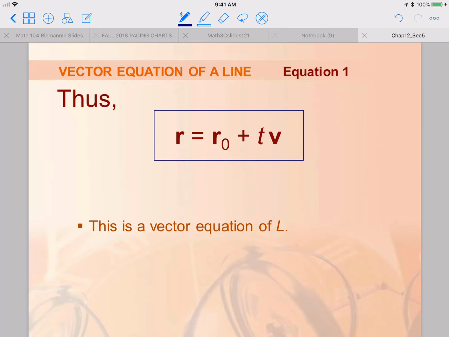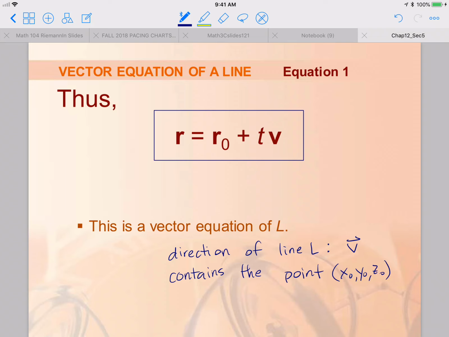This is the vector equation of the line L and the direction of L. So the direction of line L is V, and line L contains the point X naught, Y naught, Z naught, and R naught is the position vector X naught, Y naught, Z naught.